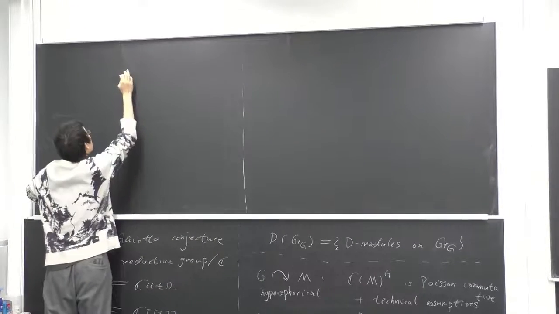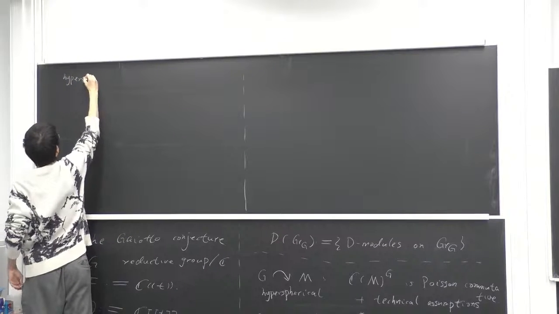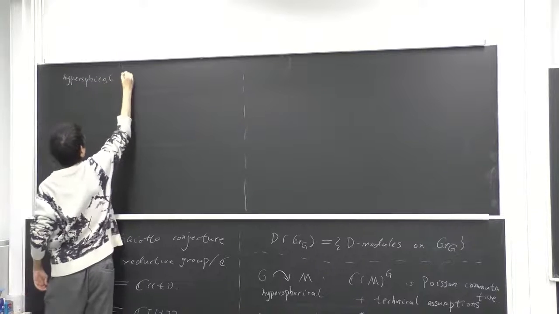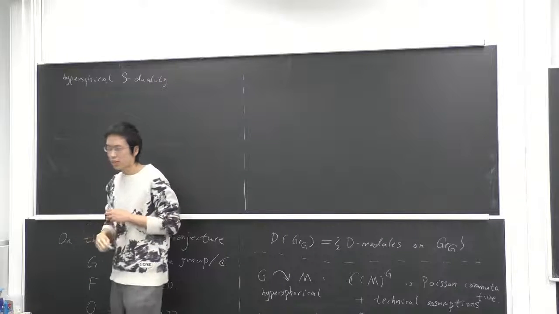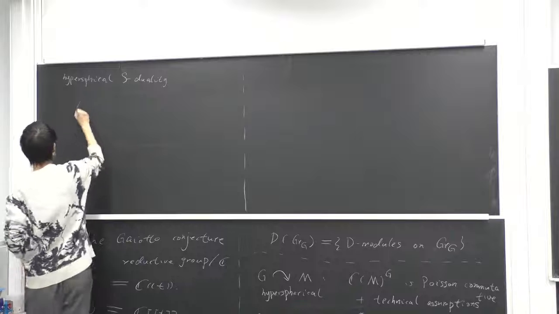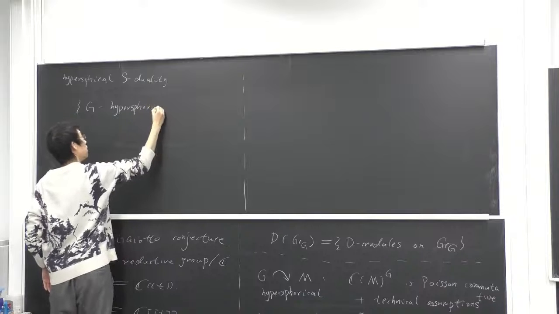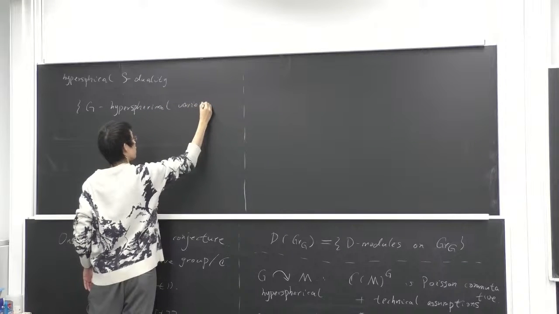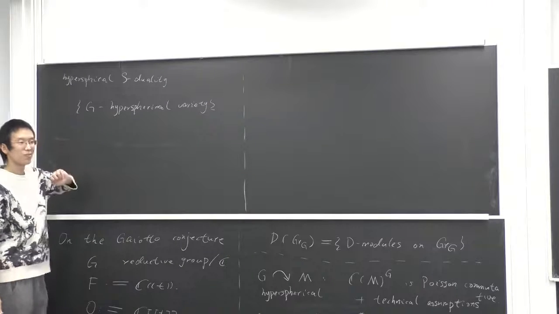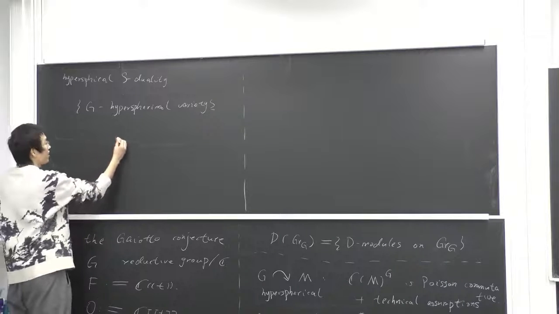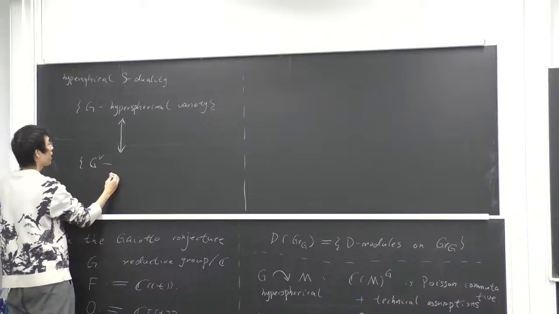Then let us mention the hyperspherical S-duality. The S-duality conjectures that there is a duality between G hyperspherical varieties and the hyperspherical varieties for G check.